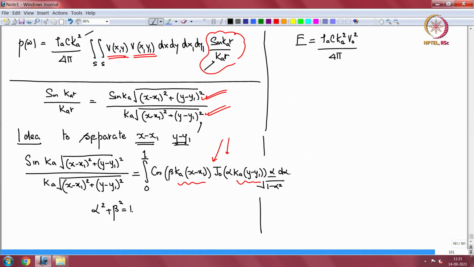Okay, so now my power integral, let me see if I can fit in one line: E integral 0 to 1, integral over area once, area twice, then sine m pi x by a sine n pi y by b.